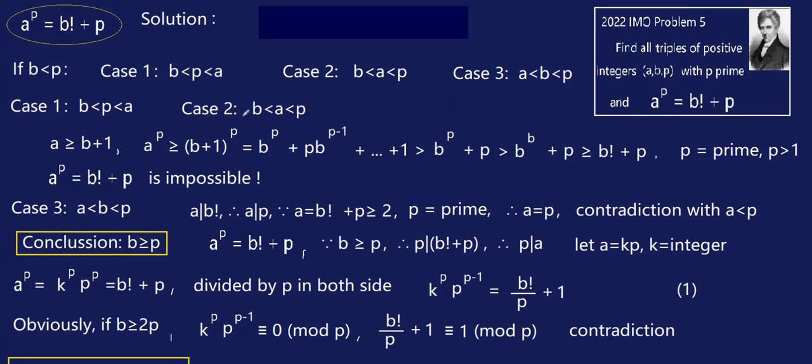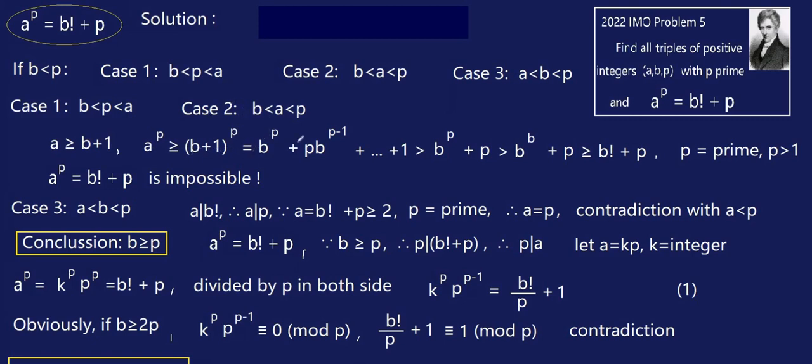For case 1 and case 2, we can put them together. In both cases, b is less than a. So a is greater than or equal to b plus 1. So a to the p's power is greater than or equal to (b plus 1) to the p's power.